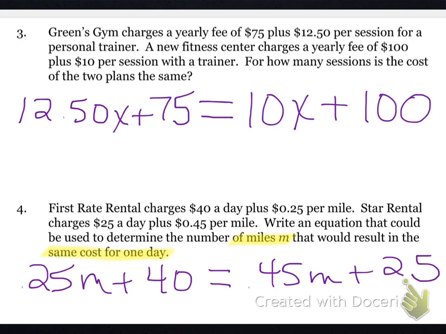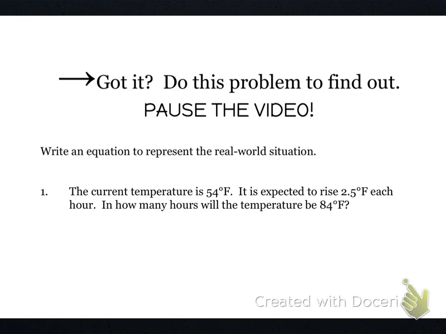So if I were to solve for M, I could see how many miles it would be for the same cost for one day. We're not talking about solving right now. We're talking about setting up the equation.